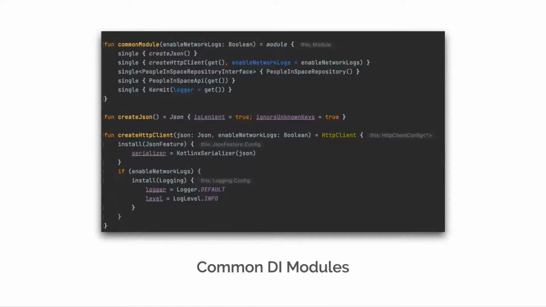Especially for the HTTP part, we are using Ktor, and then we can configure Ktor for the multi-platform HTTP client part. As you see here, we are declaring everything in Kotlin and in a Koin module, as you see with the function common module here.